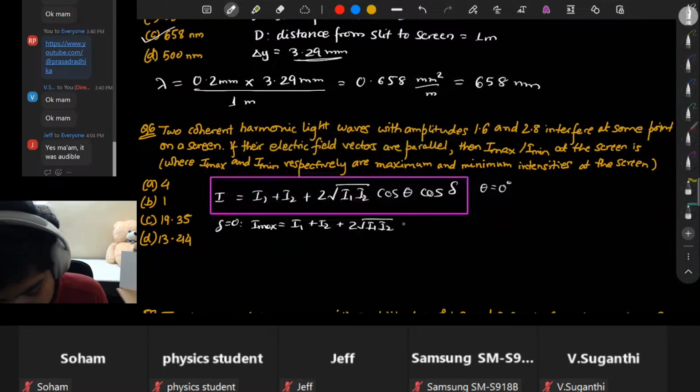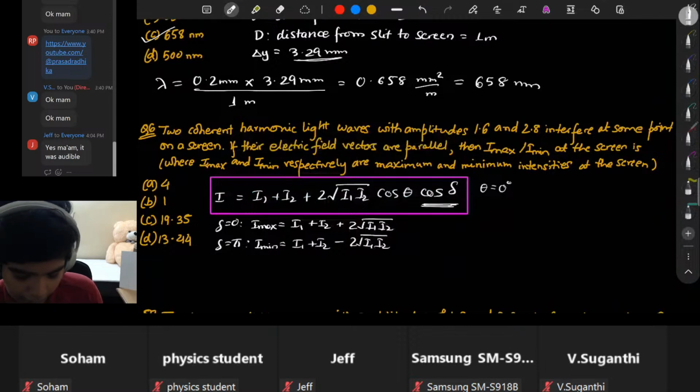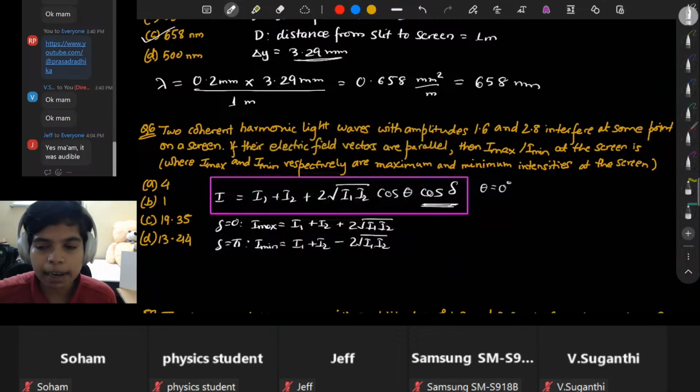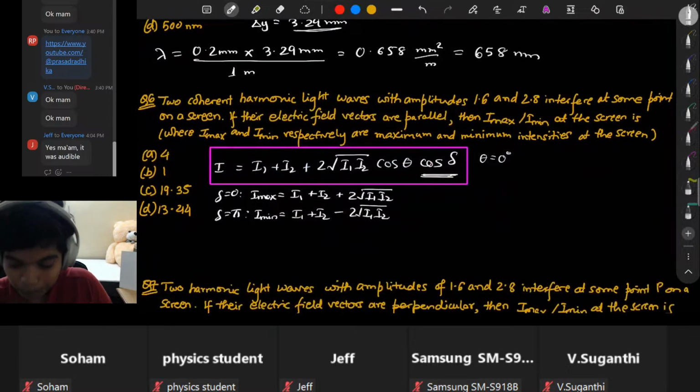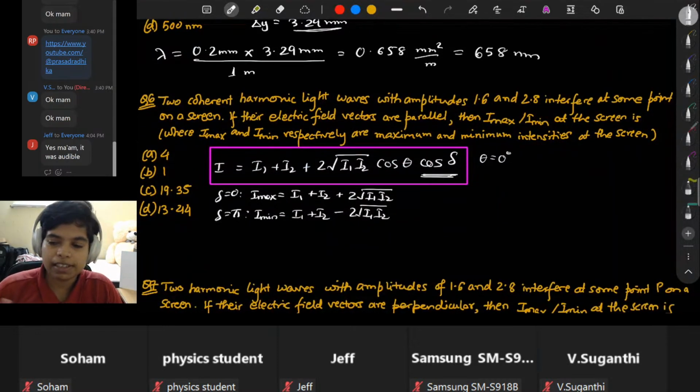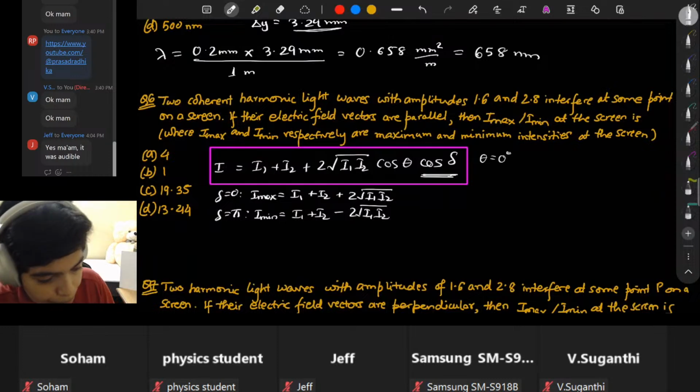And when delta equals pi, we get I min, which is I1 plus I2 minus 2 root I1 I2. So this cosine delta term dictates when we get maxima or minima. When the phase difference is 0, 2 pi or 4 pi, we get maxima, and when it is pi, 3 pi or 5 pi and so on, we get minima.